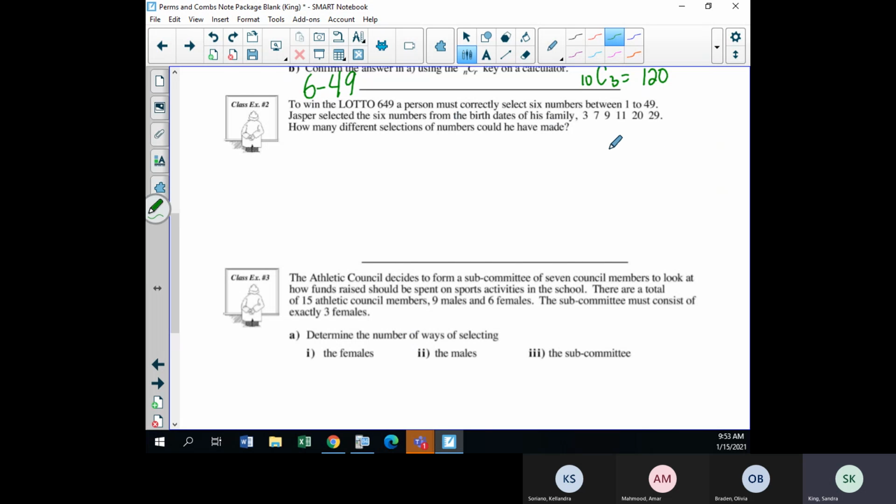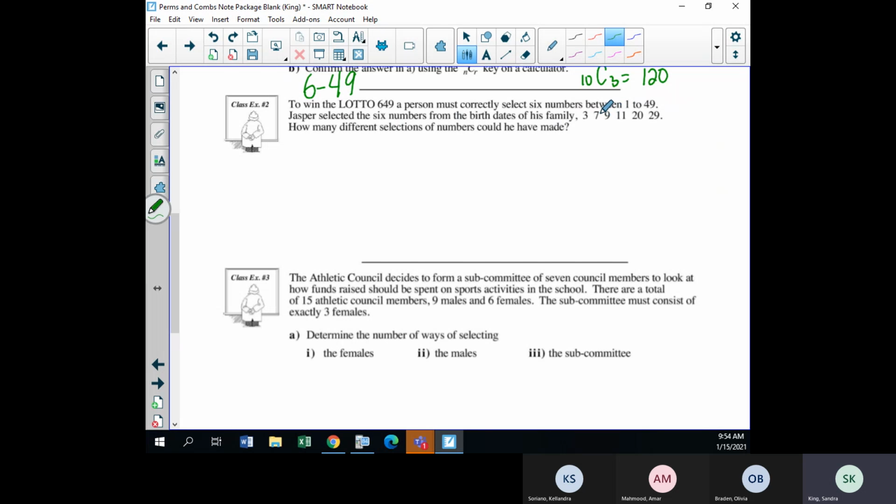The reason why the lotto is a combination problem and not a permutation is because let's say these were your lucky numbers: 3, 7, 9, 11, 20, 29. So you buy a ticket and these are your lotto numbers. When they draw, do you think they have to draw it in this order? Do they have to draw the 3, then the 7, then the 9 to win?